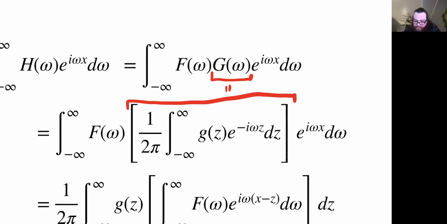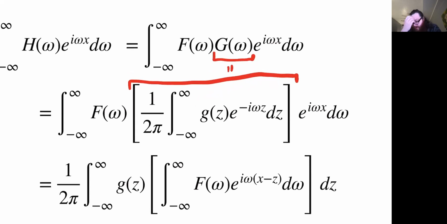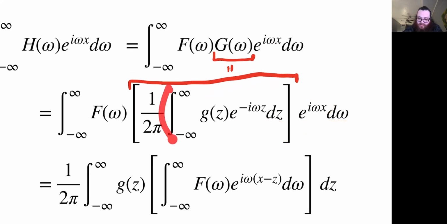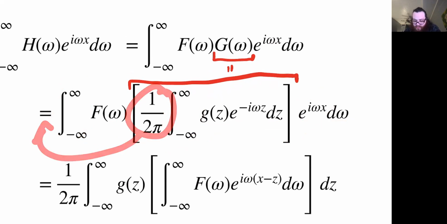Now we're going to move things around. This e to the I omega x we're going to bring in here. We're going to change the order of integration, because we're just integrating over the whole plane, so that's no issue. G of z we're going to pull out, and the 1 over 2 pi we're going to pull out.